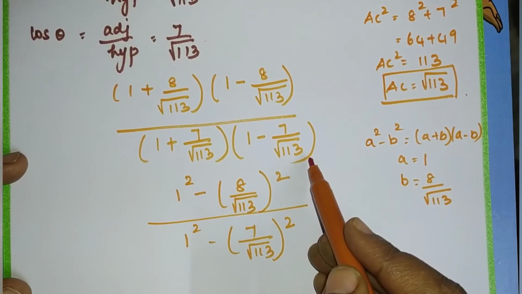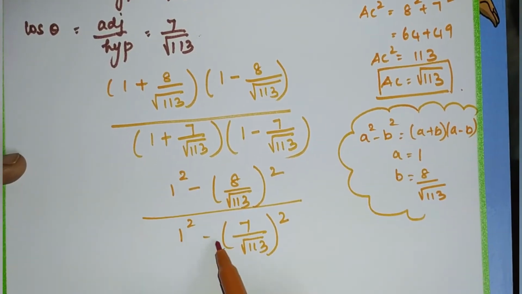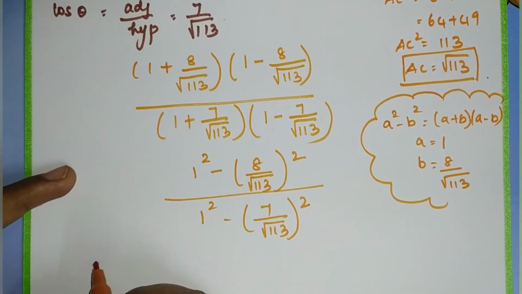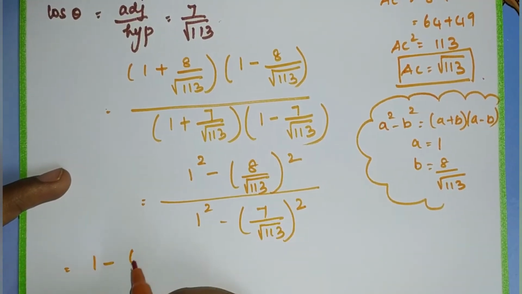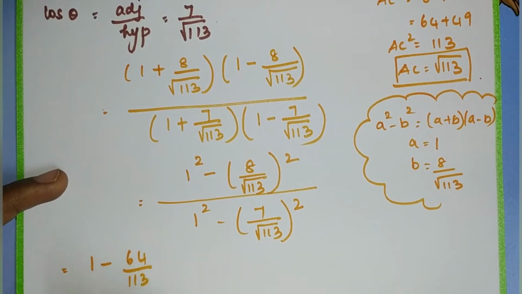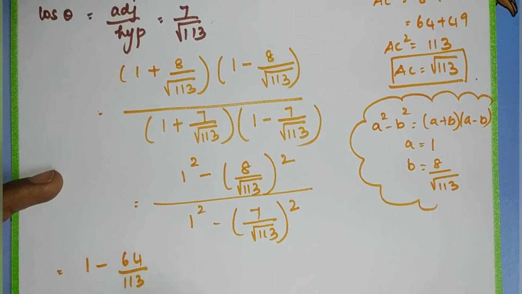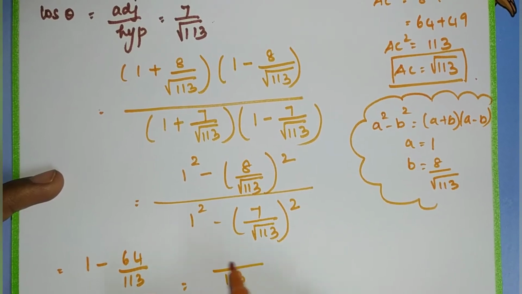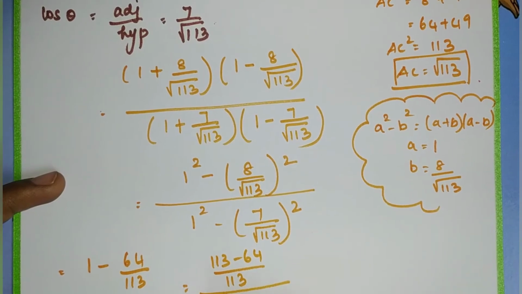Apply the same formula for the denominator also. Then you will get 1 square minus (7 by root 113) the whole square. Take the square, that is 1 minus 64 divided by 113, and then 1 minus 49 divided by 113, and take LCM. 113 minus 64 divided by 113, over 113 minus 49 divided by 113.